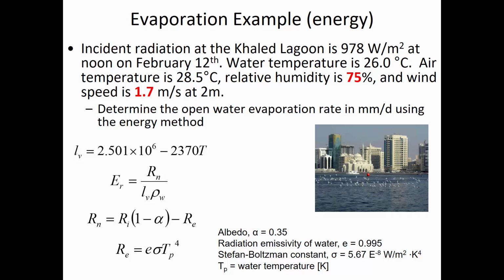So length per time. And if we want to find out, in terms that maybe are a little bit more understandable, we could multiply that by the number of seconds per day. So there's 86,400 seconds per day. And then multiply that by 1,000 millimeters per meter. And what we'll get is the E sub R is 6.55 millimeters per day.